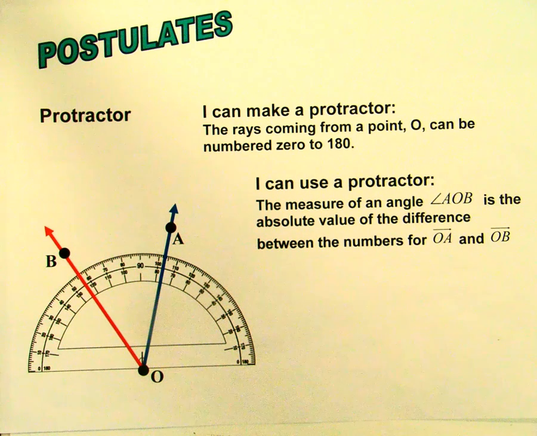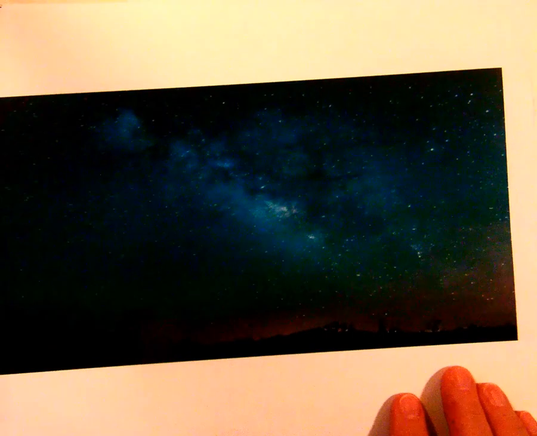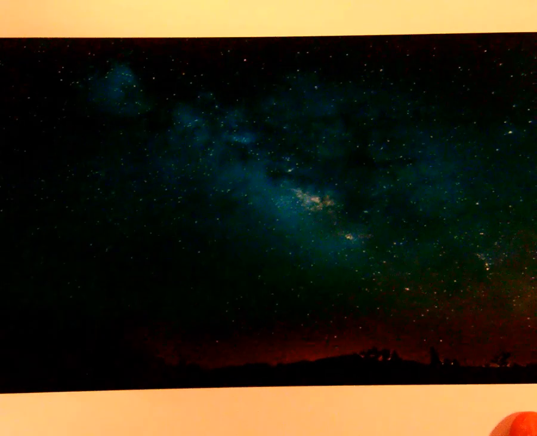You know, I just said that it was 180, just like it was always 180. Did it ever occur to you to think about why it's 180? Let's think about that. While we're thinking about it, let's just kind of stare at the night sky here.